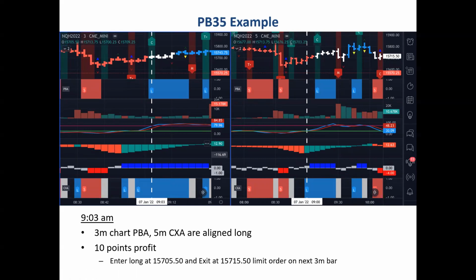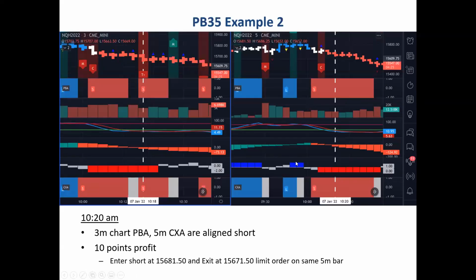In this second example, it's the 3-minute that is in place as of mid-bar 10:18, and it's the 10:20 bar on the 5-minute that gives us the confirmation of the signal.